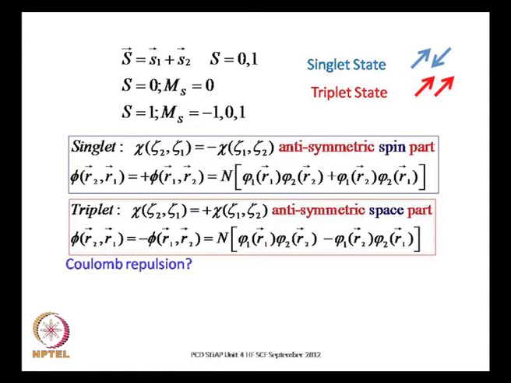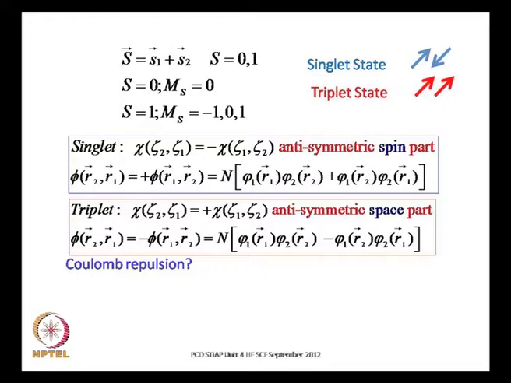Now, can you guess which state would have lower energy? Actually, the form of the wave function which is written on this slide would suggest to you which would have lower energy if you examine it closely.